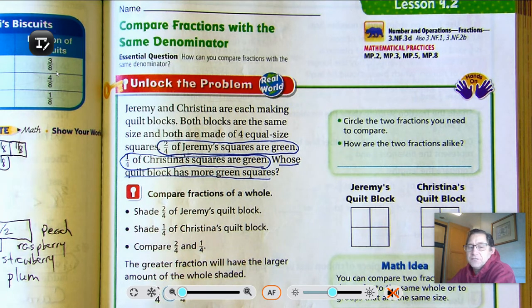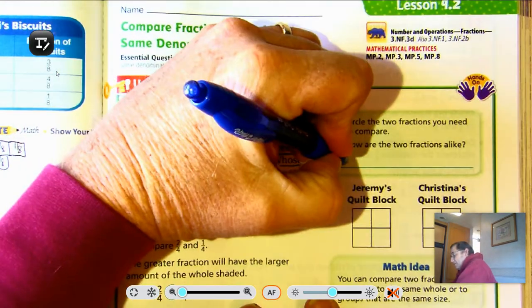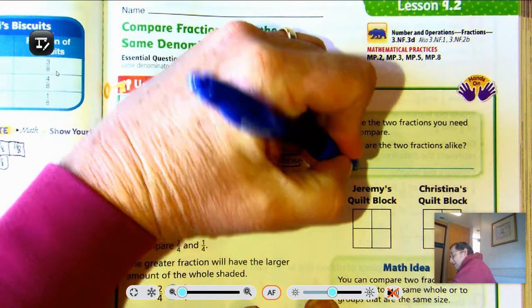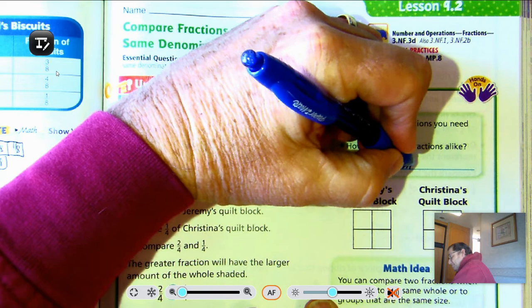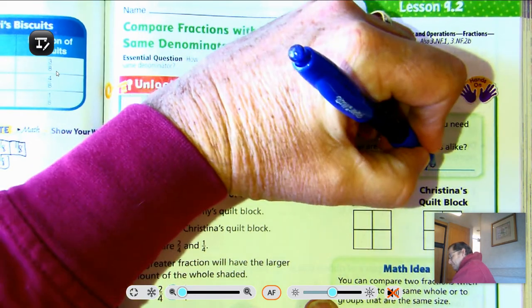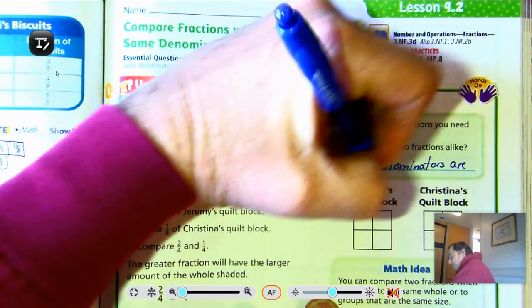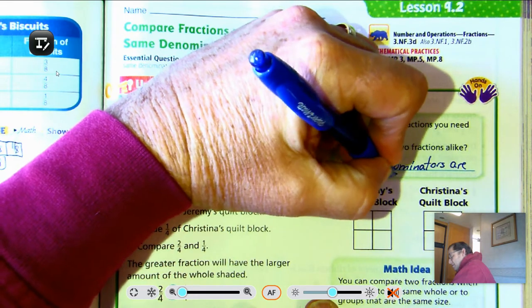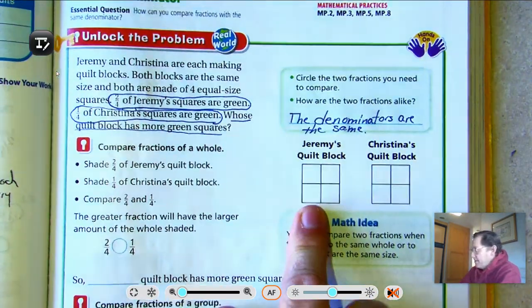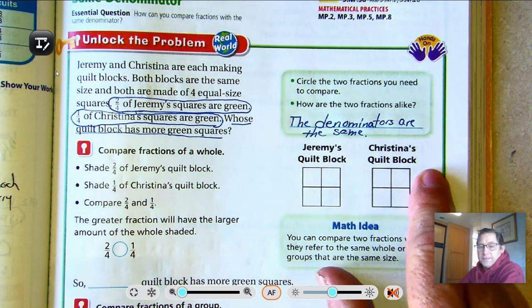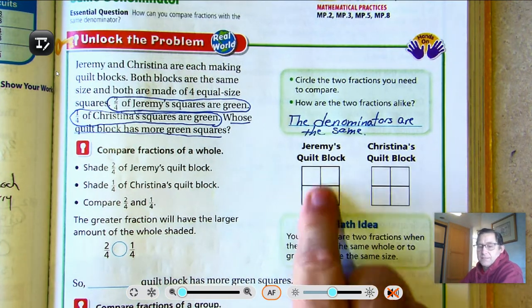How are the two fractions alike? The denominators are the same. Okay, so when I say the denominators are the same, that means that there's 4 equal parts in both of their quilt blocks.